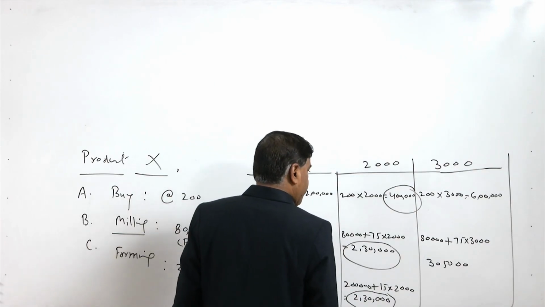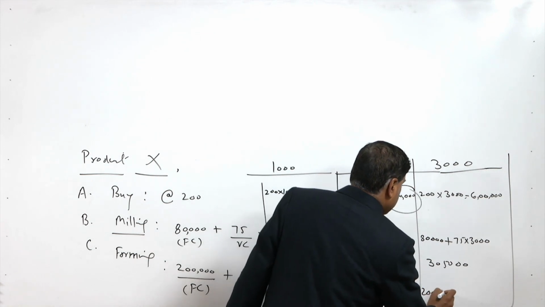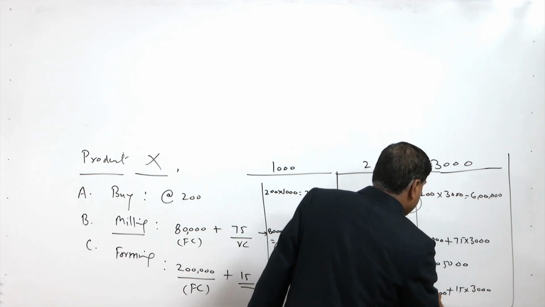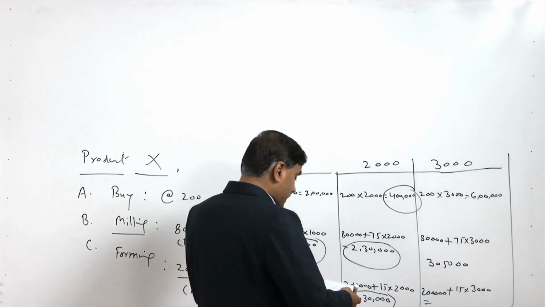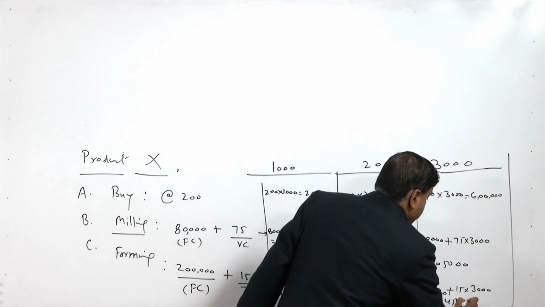For the third option it is 2 lakhs plus 15 into 3000, so the total price is 2 lakhs 45,000.